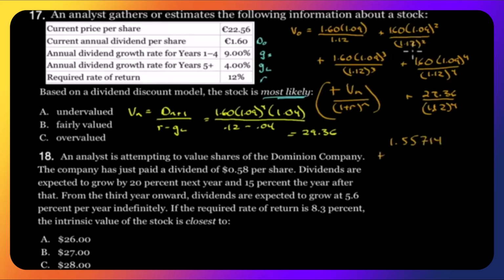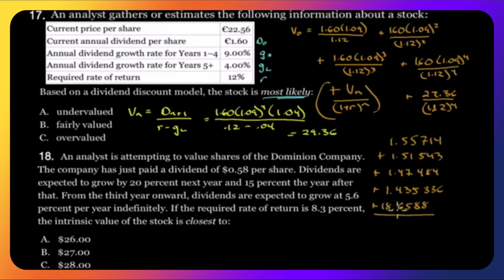Plus this second term will come to 1.51543. This third term will come to 1.47484. And the fourth term will come to 1.435336. And this terminal value will be 18.6588.